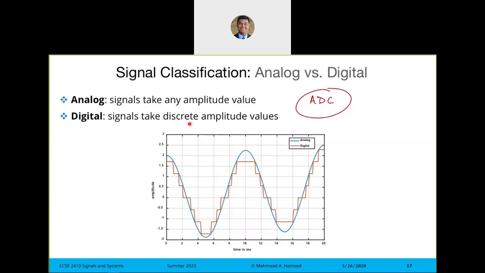I'm going to have to make it discrete in terms of amplitude. So if I say I have only 8 levels in my analog to digital converter, then I'm going to take the values that are between 2.5 and -2 and divide it up into 8 different levels.